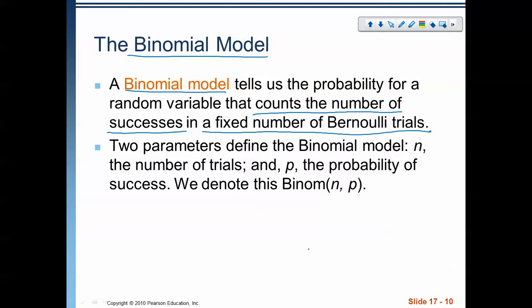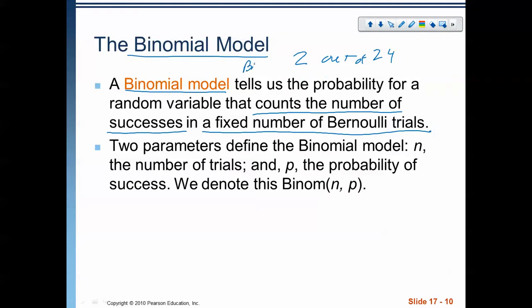So this would be something like me saying, what's the probability of getting 2 of these things out of 24? Whereas the other one was like, what's the probability of the third one being a success? This one is like, what's the probability of getting 2 out of 24?